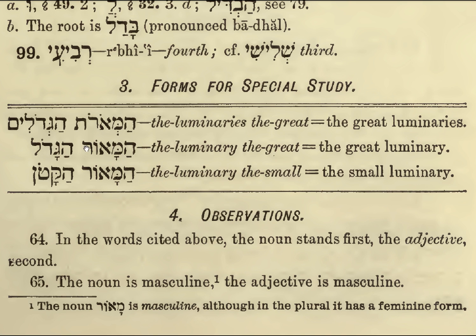Ham ma'or hag katon. The small thing that gives light, the small luminary. And the actual structure is ham ma'or, the thing that gives light, hag katon, the small. Ham ma'or, hag gadol, the big. Ham ma'orot, the things that give light, hag gedolim, the big.